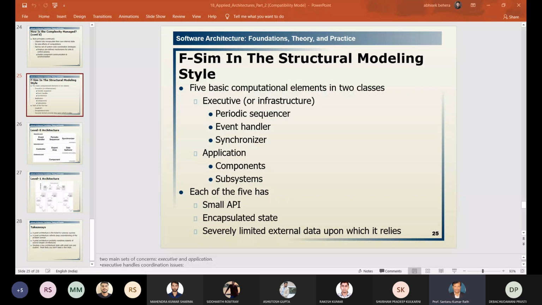FSIM is for space shuttle. The flight simulator is for regular flights, but FSIM is for doing simulation. What is that simulation? They do simulation of space shuttles.